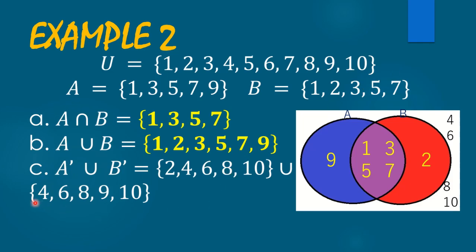So we have 4, 6, 8, 9, 10. Our composite numbers are those numbers having factors more than 2. So aside from 1 and the number itself, there are other factors. Now, getting the union between these two events, we'll just have to combine all the elements. So we have 2, 4, 6, 8, 9, 10.